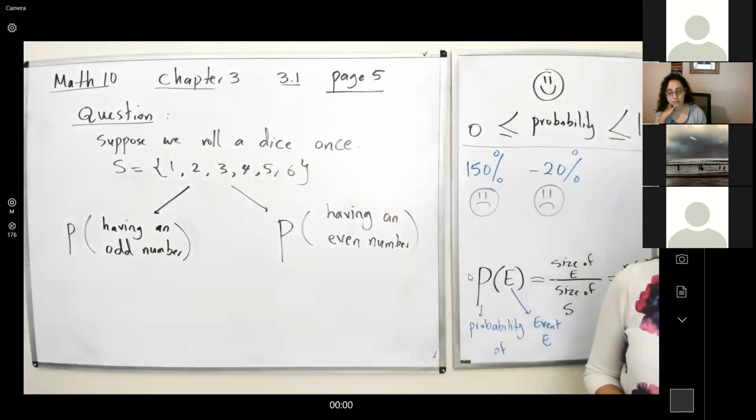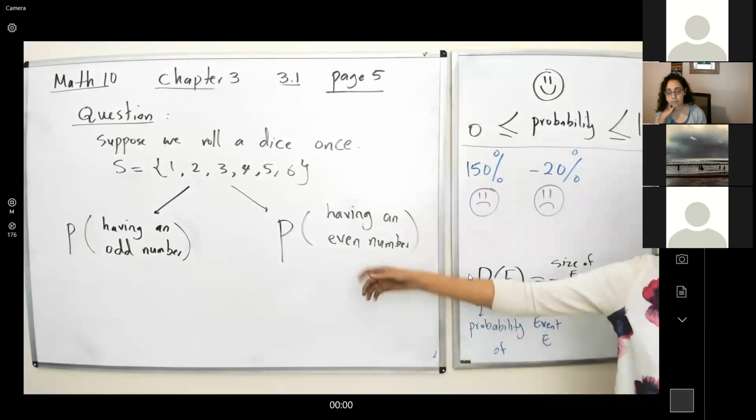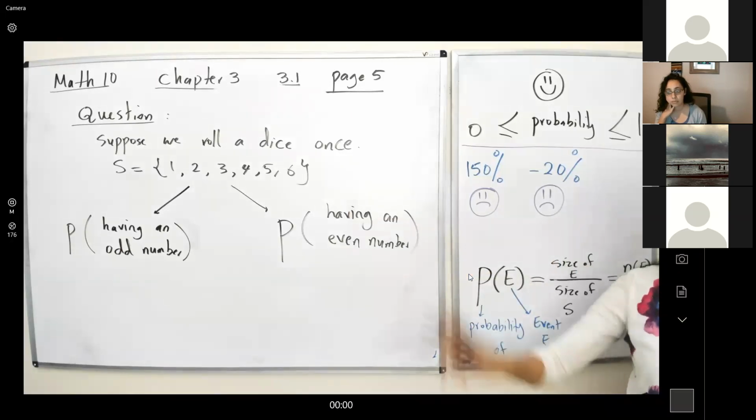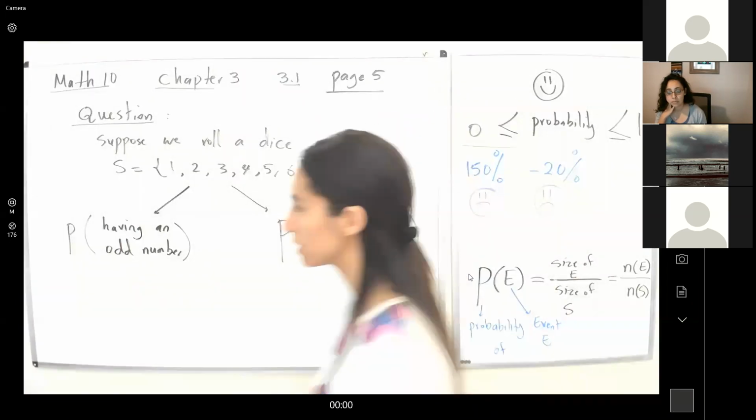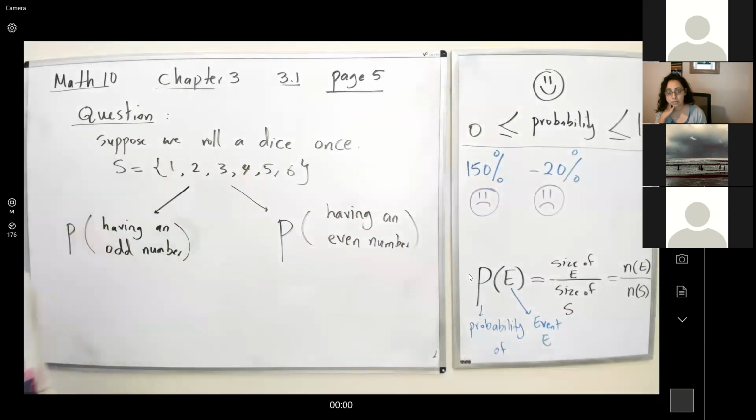So having an odd number can be 1, 3, or 5. An even number can be 2, 4, or 6. So how do we calculate these probabilities? What do you think, guys?